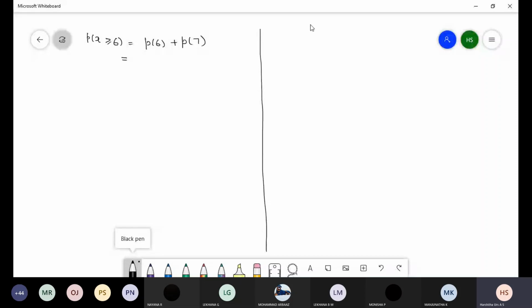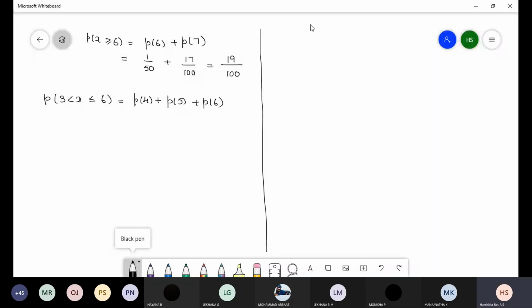So we get overall 19 by 100. Last one, p of 3 less than x less than or equal to 6. So here we have to choose from the table p of 4 plus p of 5 plus p of 6.